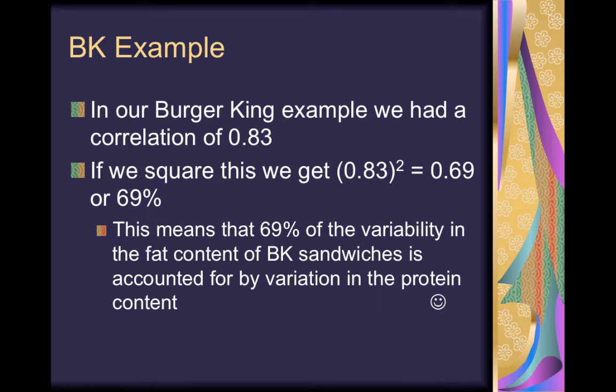So when you are explaining or interpreting your R-squared value, you must always say that R-squared represents the variability of y accounted for by the variation of x, or the variation in x accounts for this percentage of the variability in y.